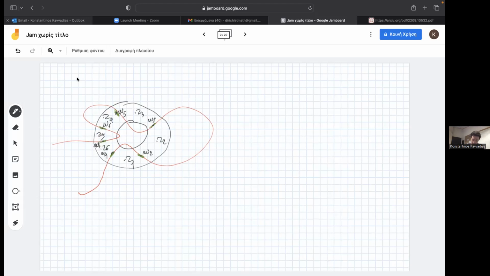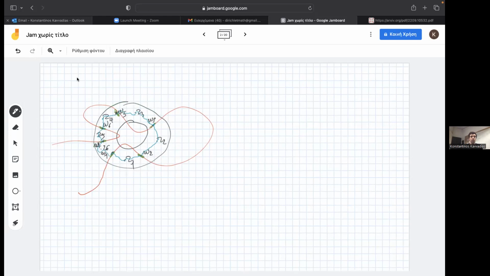And then we consider the corresponding hyperbolic geodesics, these blue paths, connecting the interior points with the boundary points. And then we concatenate them. So the concatenation of all these blue hyperbolic geodesics will be the path that we need.